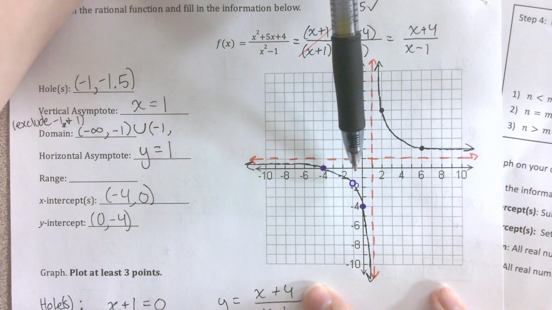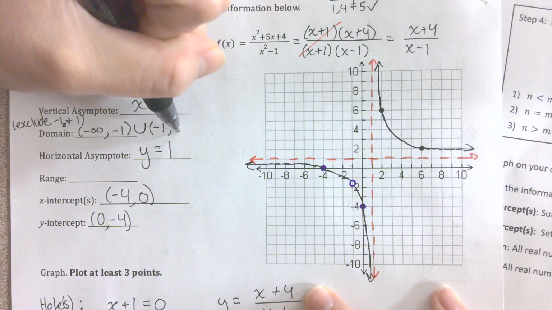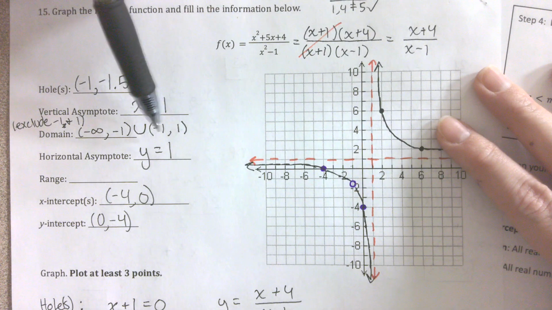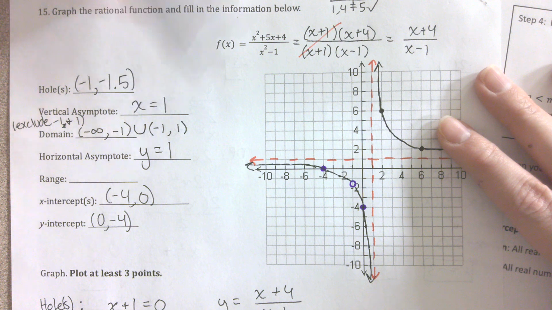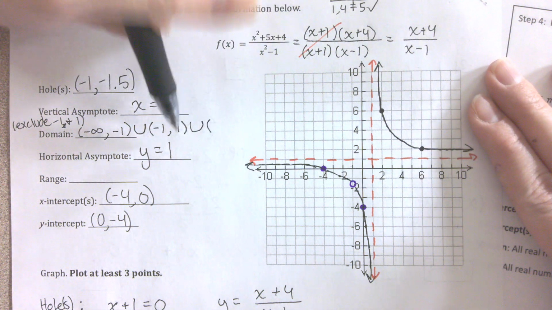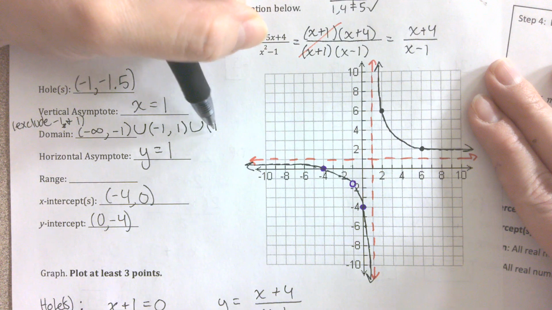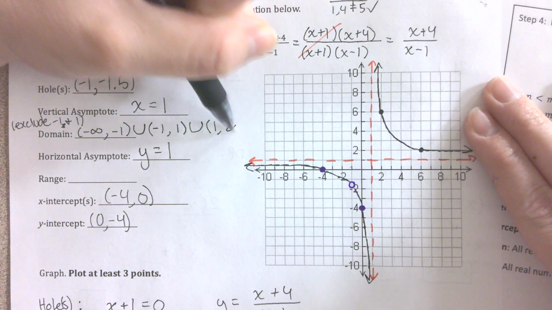From -1 to 1, all the numbers in between are included, but we can't include -1 and 1 themselves, so we list that as a separate interval. Everything between -1 and 1 is good, but not these numbers themselves, which is why we have parentheses. Union, one more. Lastly, we pick back up at 1, and everything after 1 is included, so we go 1 to positive infinity.